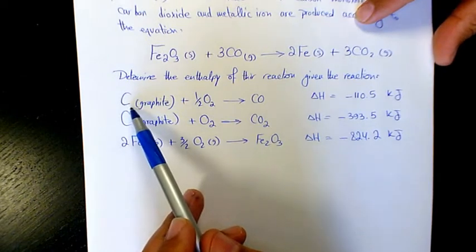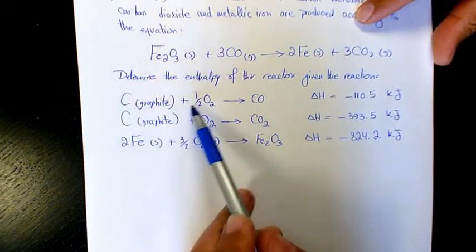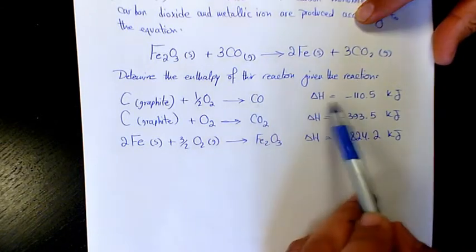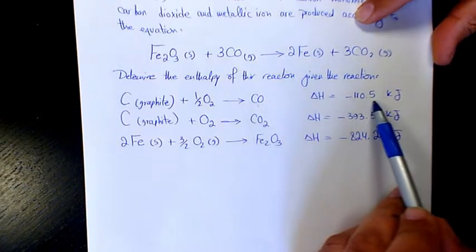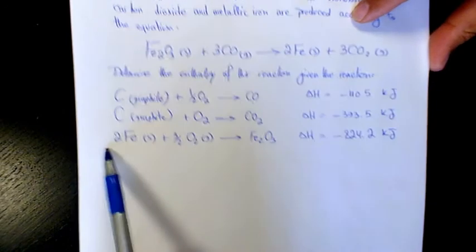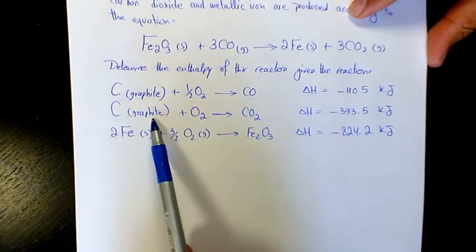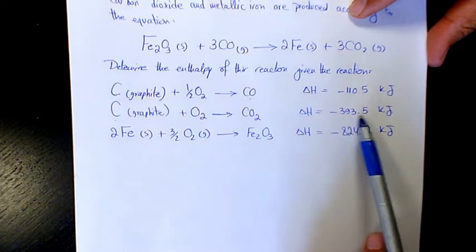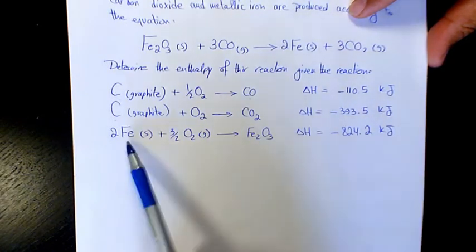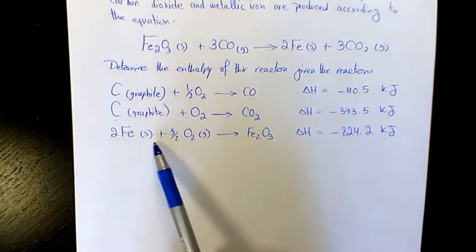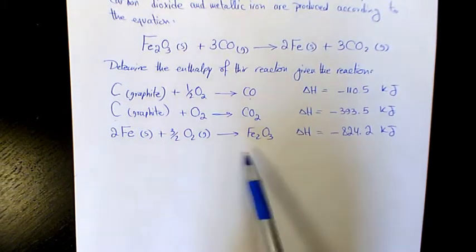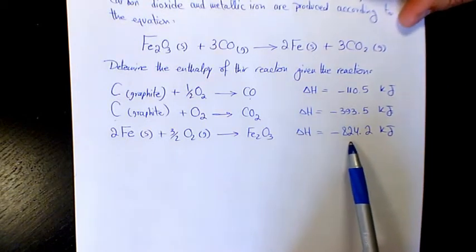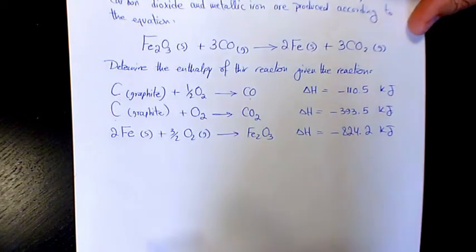C, carbon in graphite form, plus half of oxygen is going to produce CO. Delta H is negative 110.5 kilojoule. Next one is C graphite plus O2 is going to give us CO2. Delta H is going to be negative 393.5 kilojoule. And the third one is 2Fe plus 3 over 2 O2 is going to give us Fe2O3. Delta H is negative 824.2 kilojoule.